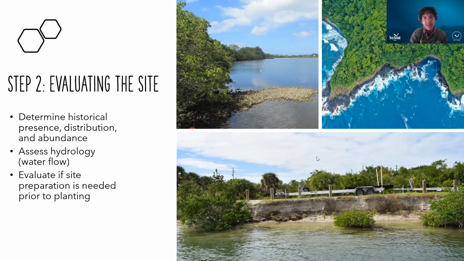Another thing you need to look into is the hydrology, not just disturbance, like things blocking the pathway of water, but where the water is coming from, the fetch. That is how much open water you have for wind to pick up and hit the shoreline, so that when you think about stabilization of a shoreline, you think about what kind of materials you might have to use to help those mangroves get established before they can survive on their own.